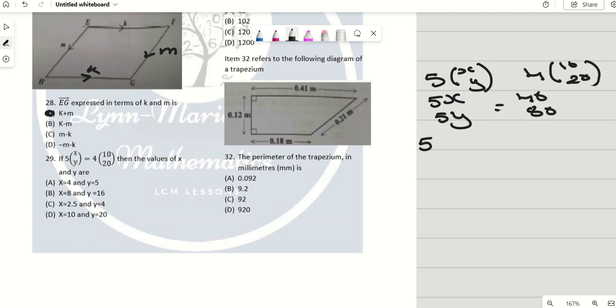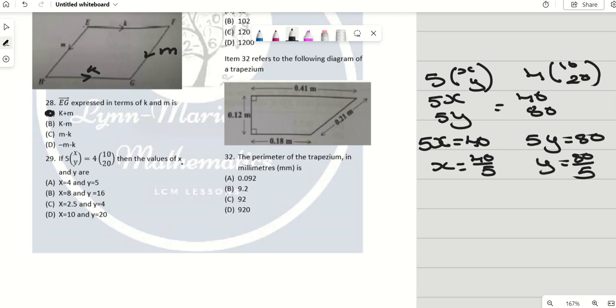So we're saying 5x is equal to 40, and 5y is equal to 80. So x would be 40 divided by 5, and y would be 80 divided by 5. 40 divided by 5 is 8, since 8 5s are 40, and 5 goes into 80 16 times. So x is 8 and y is 16. So the answer would be B.